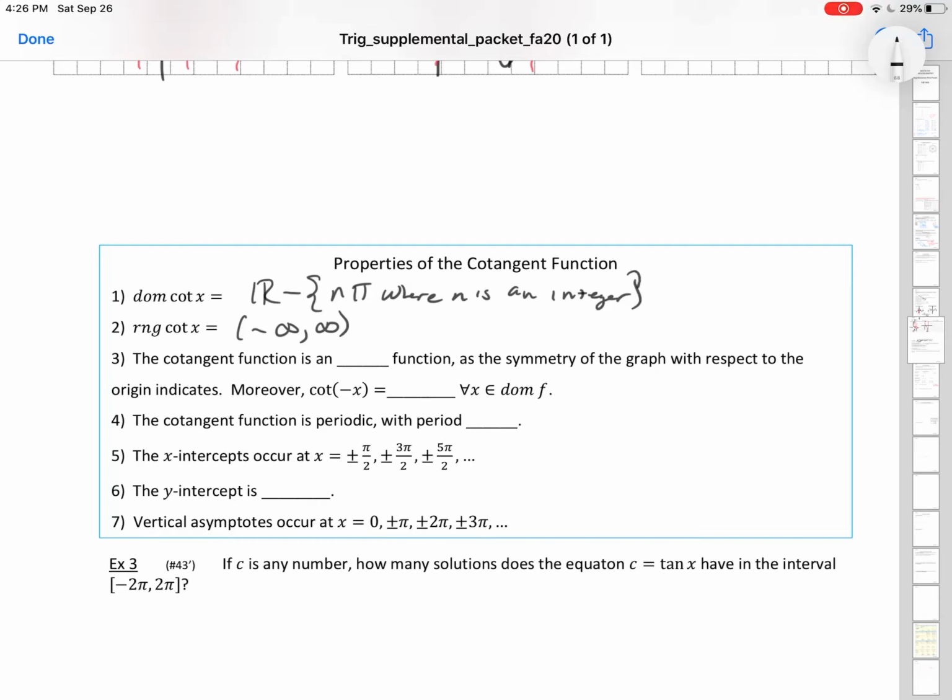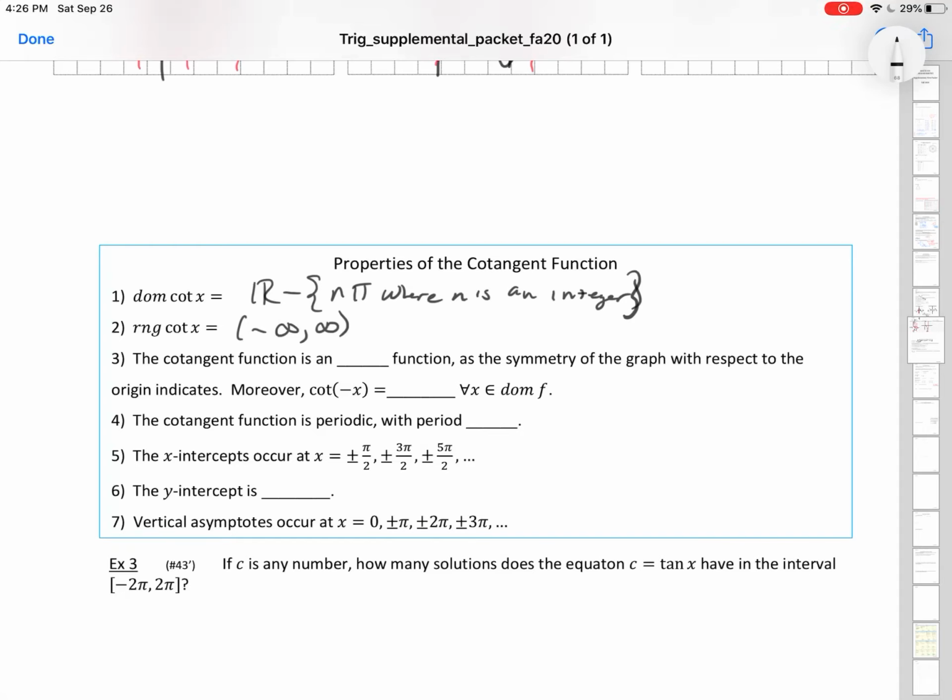Sorry about that. I think I made a mistake with the tangent one too. We'll go back. The n pi's are not part of the domain. That's why they have vertical asymptotes at all those points.